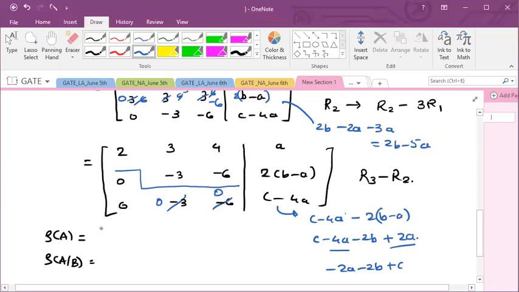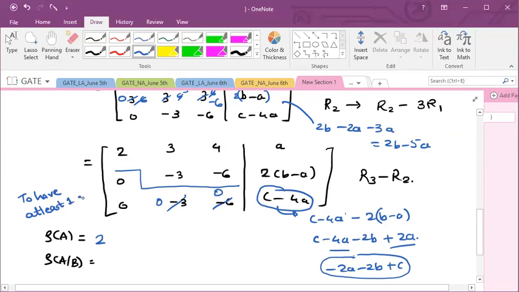So what is rank of A augmented B? Rank of A augmented B depends on this, right? That is our last term, and that last term is this. So for this system of linear equations to have at least one solution, rank of A augmented B should be equal to rank of A. So rank of A augmented B should be 2.